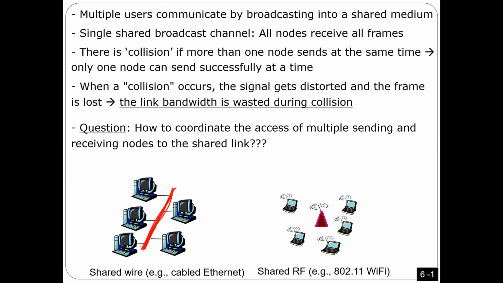This cable is shared, which means if you transmit, everybody can listen. Another case is Wi-Fi, where all of us share the air. If I transmit any data, all of you can listen to it. This is what we call a shared medium.